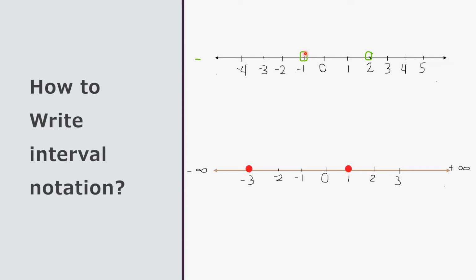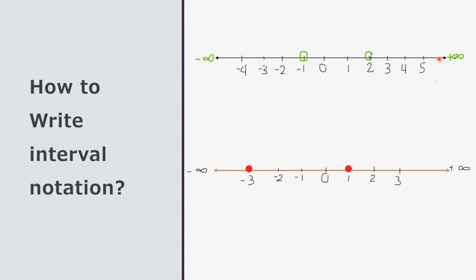These open circles indicate that negative 1 is not included in the solution set, same as positive 2 is not included in the solution set. Going to the left, it's continuous, and that is negative infinity, and going to the right is positive infinity.